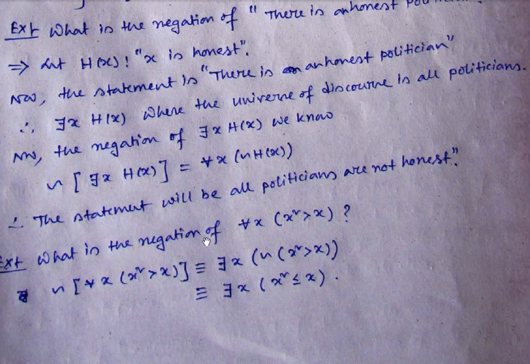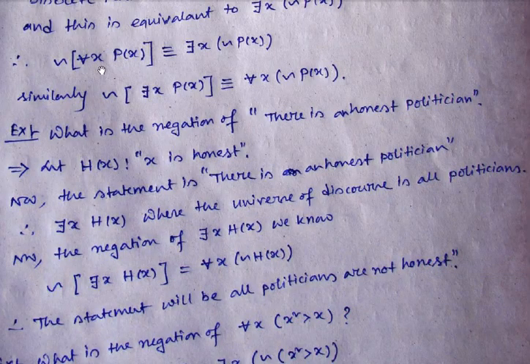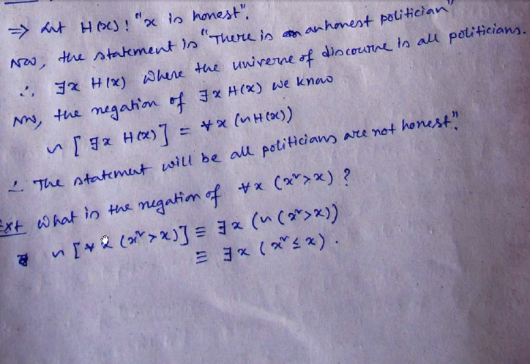Say, what is the negation of for all x, x square greater than x? Simply we can apply this formula that the negation of for all x px is nothing but there exists x, negation of px. So here we can see the negation of for all x, x square greater than x is logically equivalent to there exists x, negation of x square greater than x.